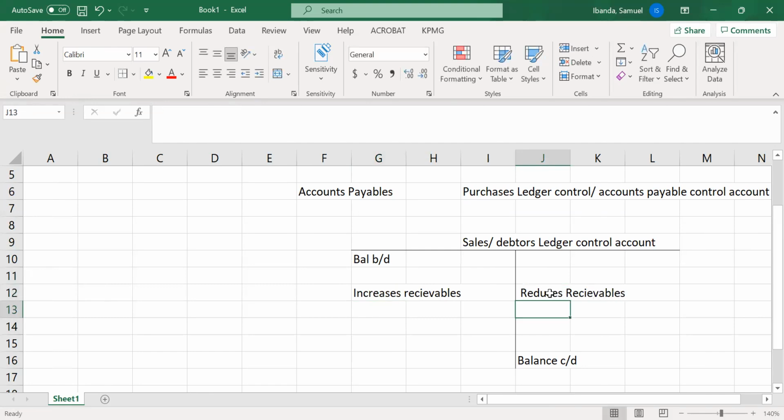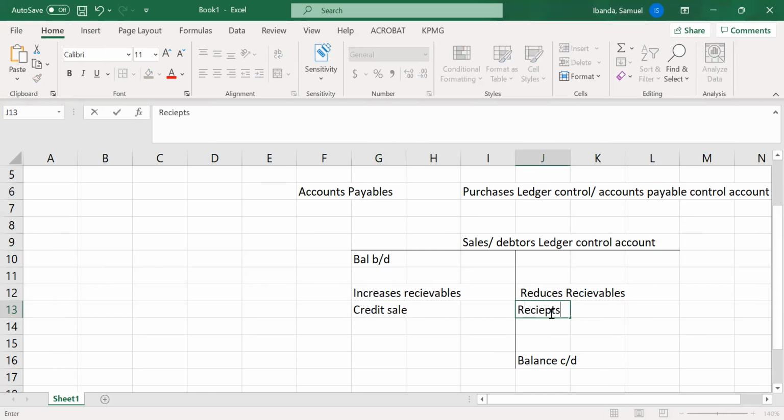I think I gave a format of how to prepare a contra account, but this is the principle. So you'll find what increases receivables are more credit sales. When you sell more on credit, it increases the receivables. What reduces them mostly, since these are receivables, will be receipts.